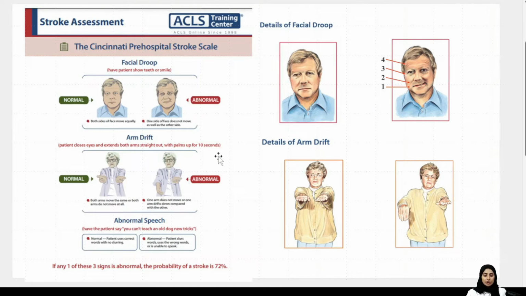Then test arm drift by asking the patient to close eyes and extend both arms, looking for any drift, or whether from the beginning the patient is not able to elevate the arm. Speech: you can give the patient a sentence, looking for any dysarthria. If any one of these three signs is abnormal, the probability of a stroke is 72%.